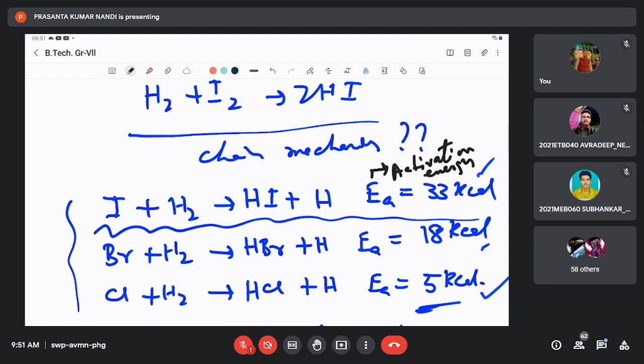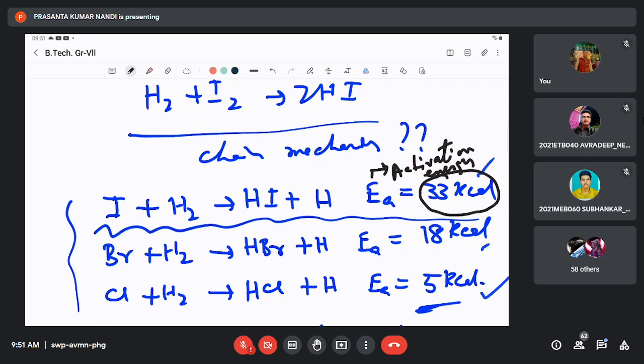But hydrogen and iodine molecules will never follow this chain mechanism because of the higher activation energy involved in step 2, that is the first reaction in the chain propagation step.